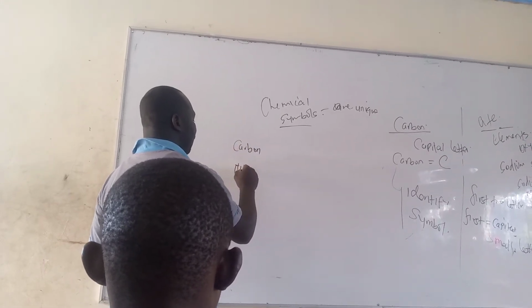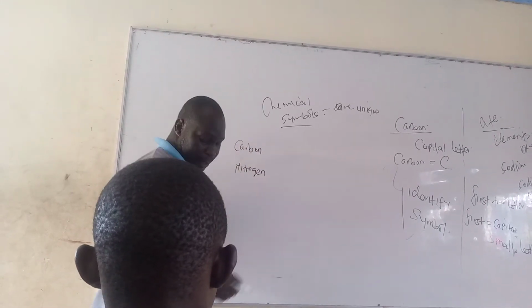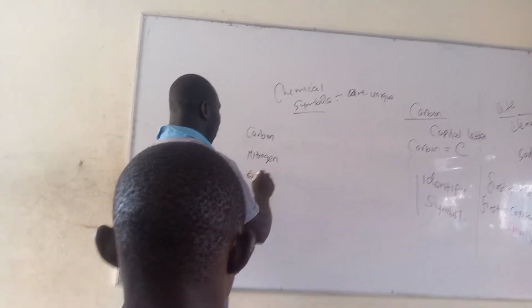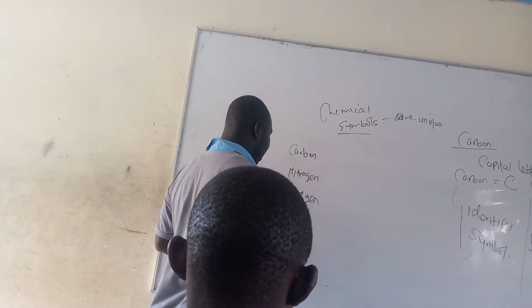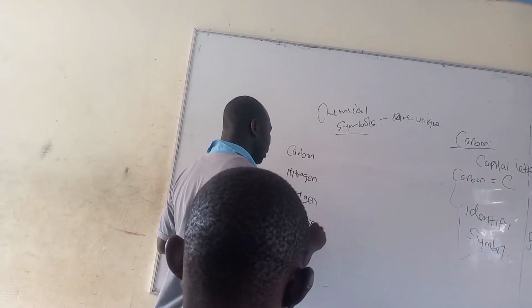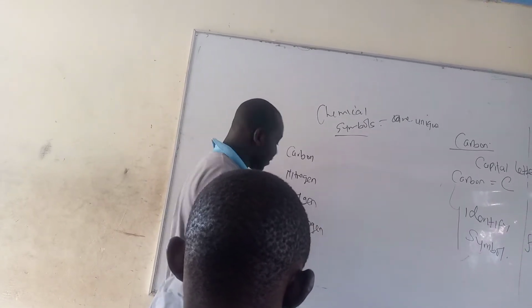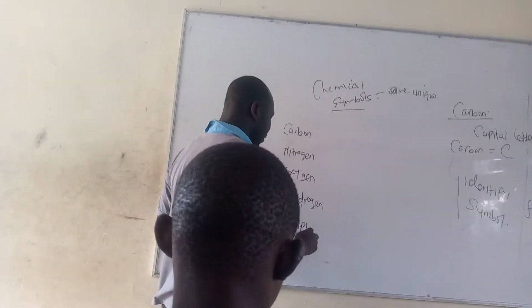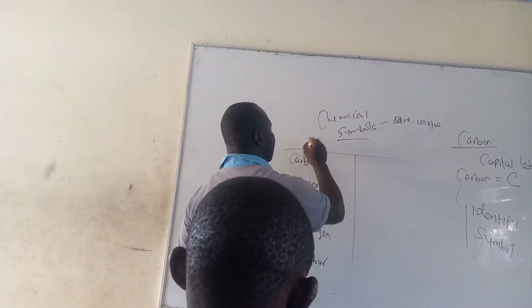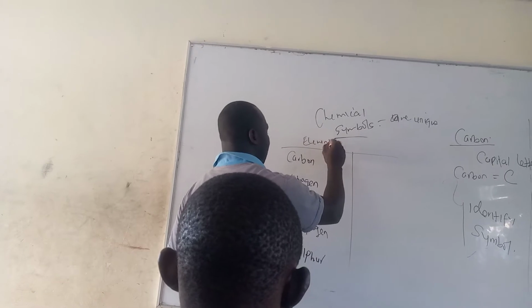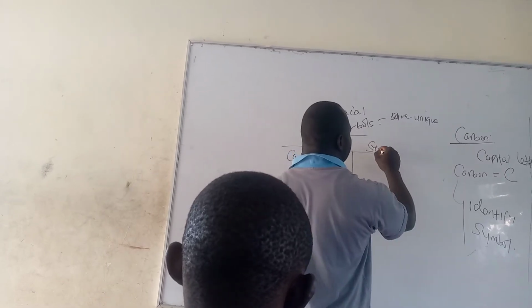We have nitrogen, we have oxygen, we have hydrogen, and lastly we have sulfur. These are the elements, and then we have their symbols.